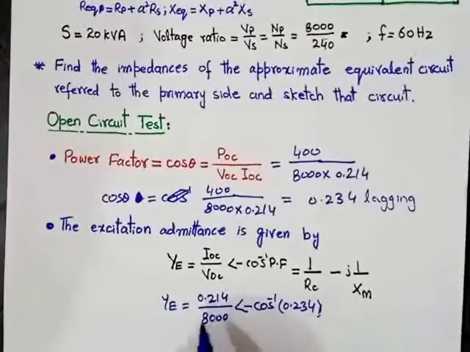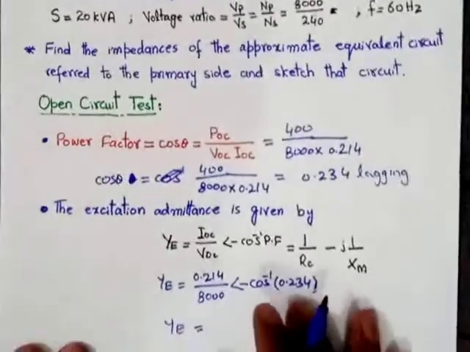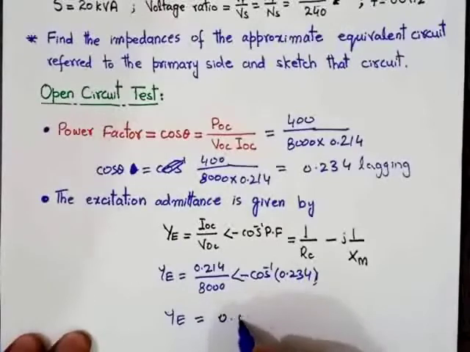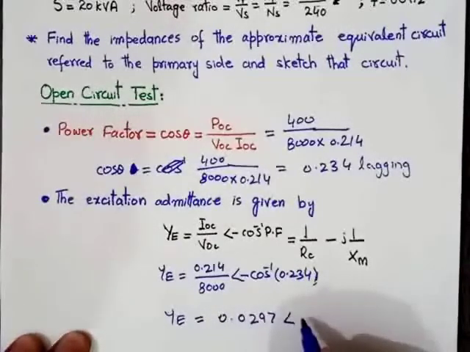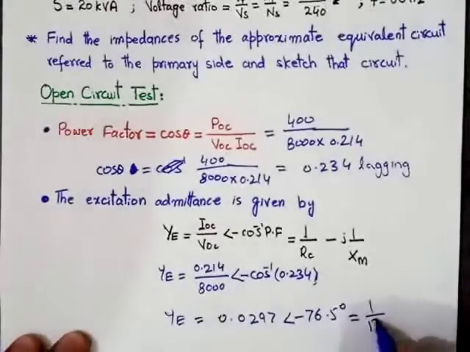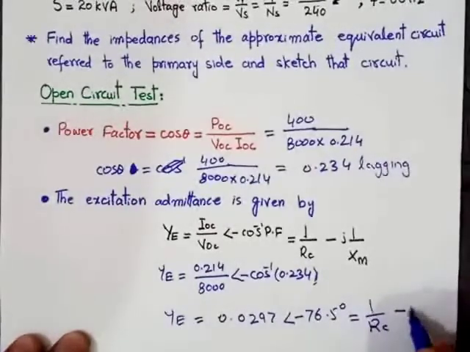After solving this equation, we get admittance equal to 0.0297 angle of minus 76.5 degree, which is equal to 1 over Rc minus j 1 over Xm.